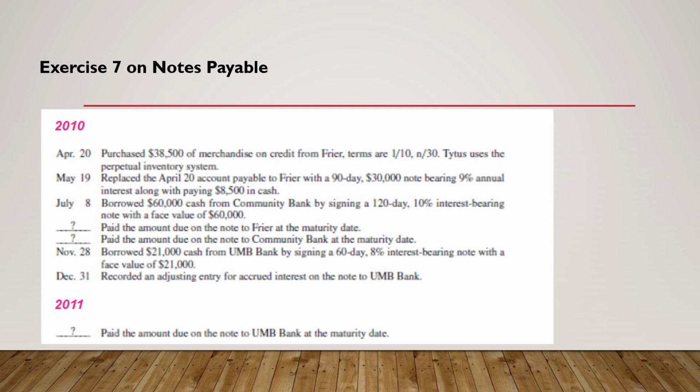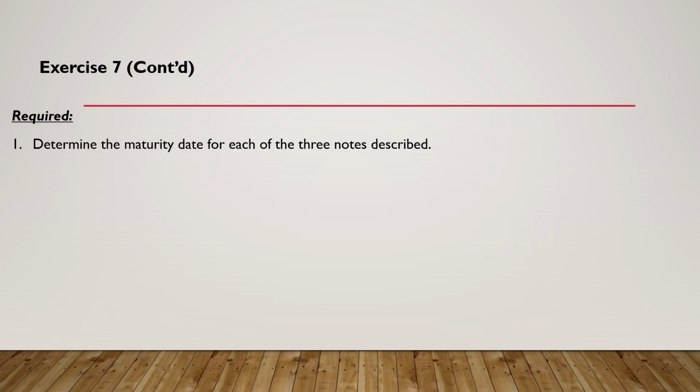Okay, let's see the requirements that we need to answer for this exercise. The first requirement for this Exercise 7 is to determine the maturity date for each of the 3 notes described.